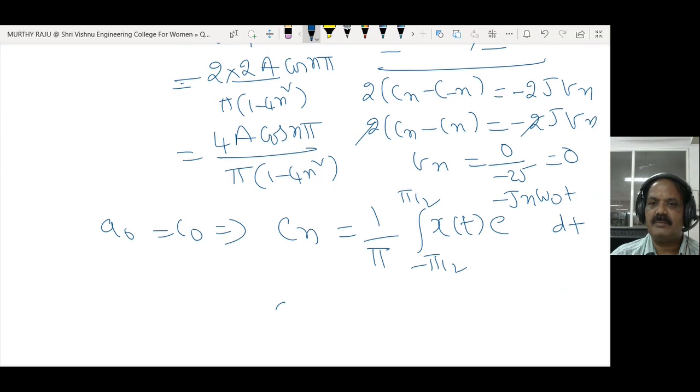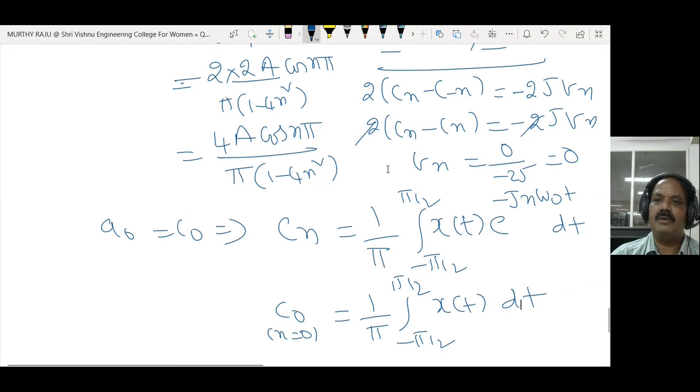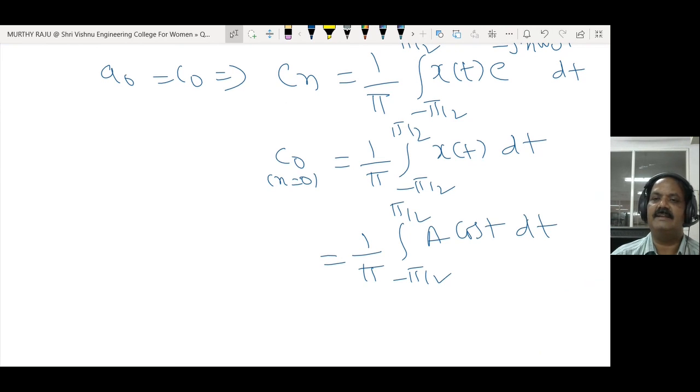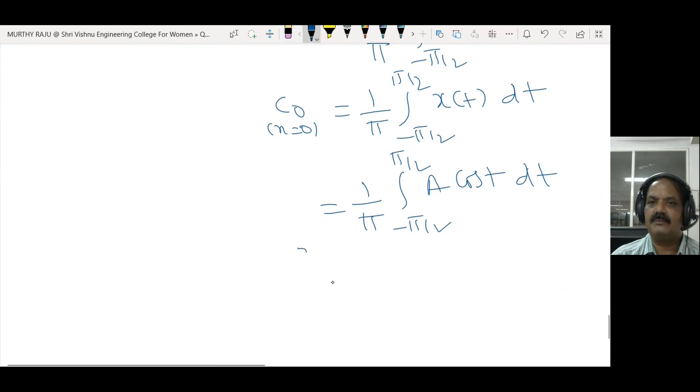For n is equal to 0, C0 is 1 by pi, integral from minus pi by 2 to pi by 2 of x of t e power 0, e power 0 is 1, x of t dt. We know that x of t is equal to a cos t. So 1 by pi integral from minus pi by 2 to plus pi by 2 of a cos t dt. That is equal to a by pi.